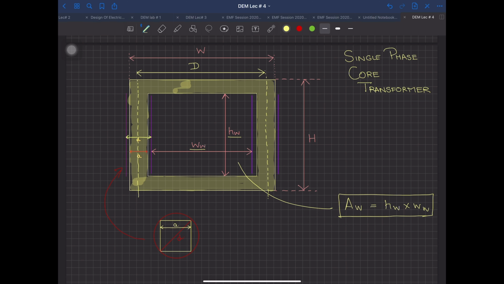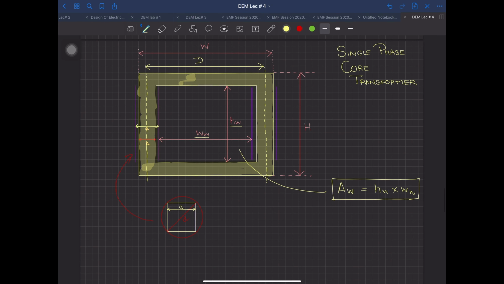For this purpose, they have some rules which tell us that the height of the window divided by the width of the window will be equal to 2 to 4.